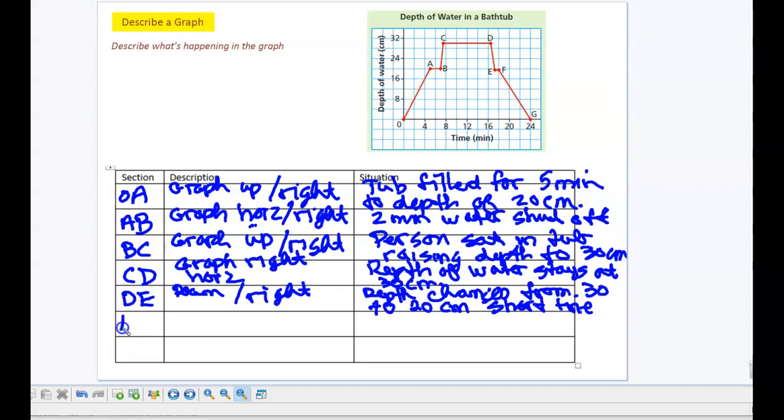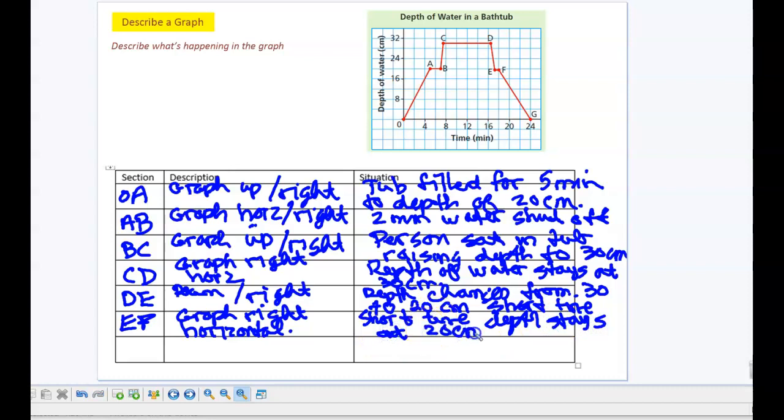And then from segment E to F, the graph is going to the right and it's horizontal. So this is for a short time, the depth stays at 20 centimeters.